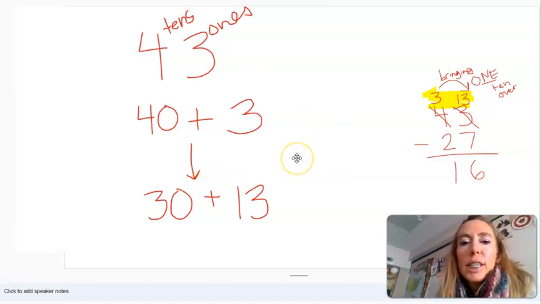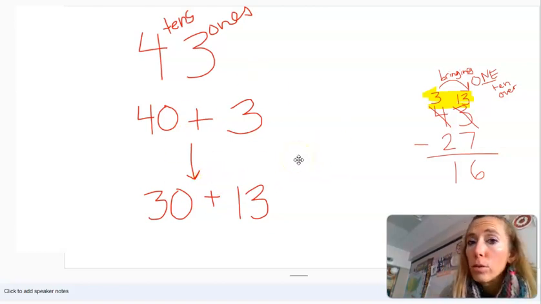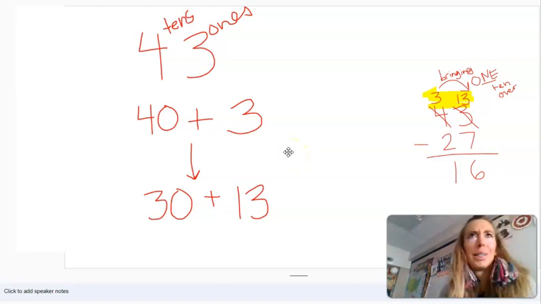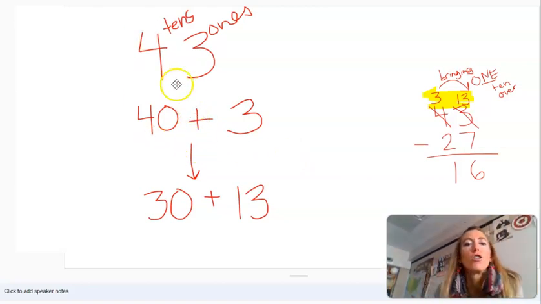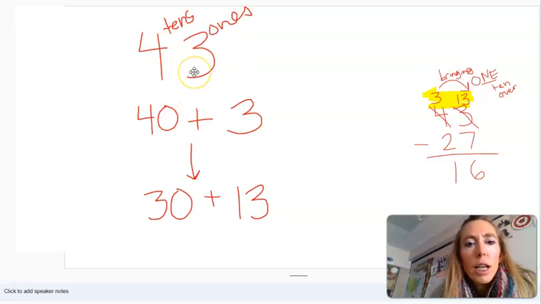But for you to understand what's happening when we subtract with mixed numbers, you might want to know the why of why. What is happening here? It's not magic, it's math. Okay? So 43. In the number 43, the 4 represents 4 tens, or 40. The 3 is just 3 ones.